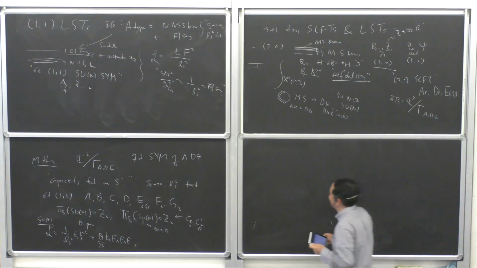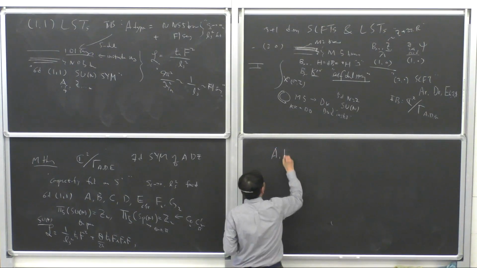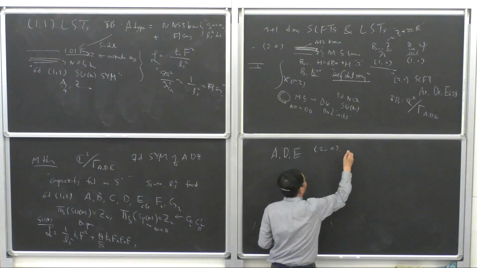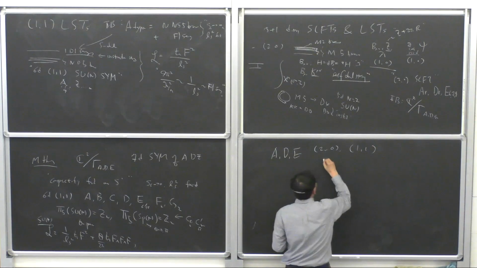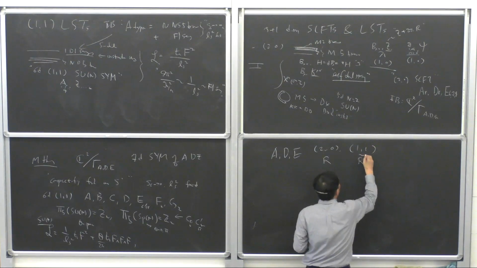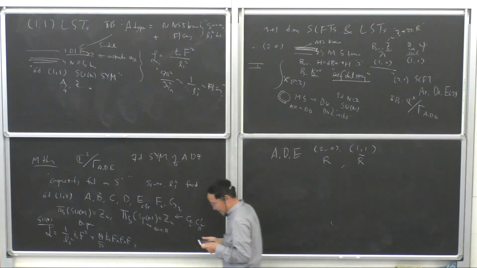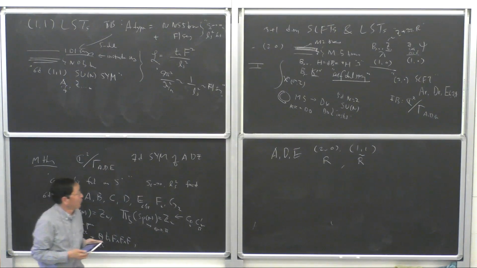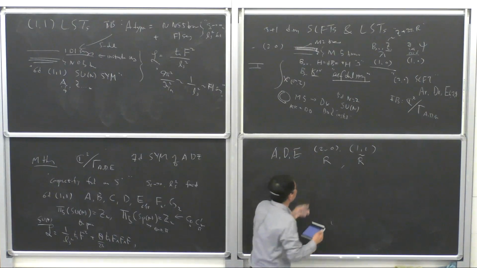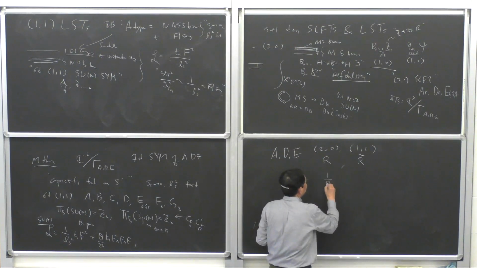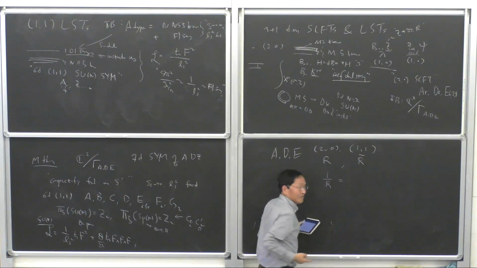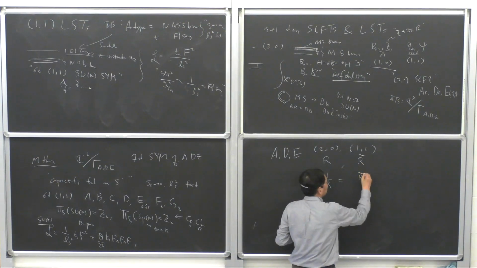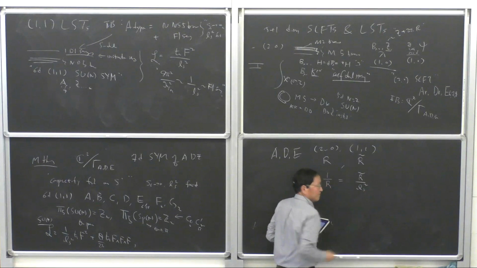So in the ADE case, either 2,0 or 1,1 on circle R and the dual circle R tilde. For example, the KK momentum here will be 1 over R, which will be the winding mode along this direction, so R tilde over l_s square.